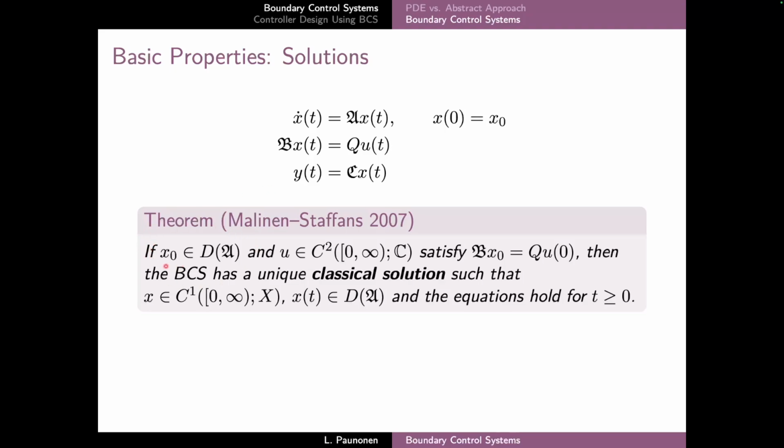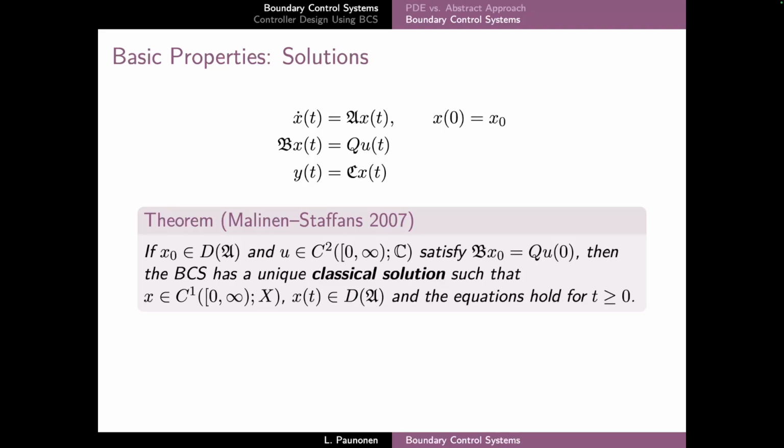So if our initial state belongs to the domain of our differential operator and u is at least twice continuously differentiable in such a way that our boundary condition at the second line holds at time 0, then our system indeed has a unique classical solution in the sense that x is a continuously differentiable function, and these three equations hold in the exact sense written here for all times.